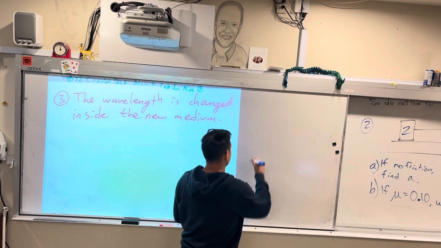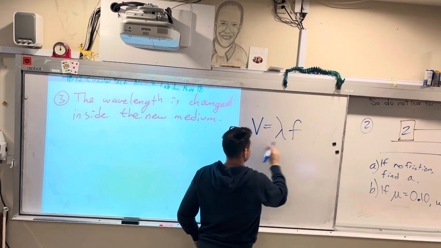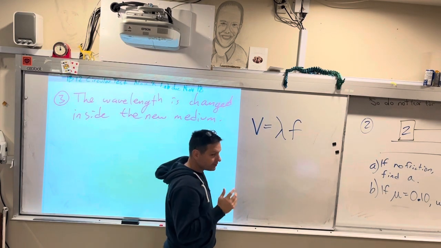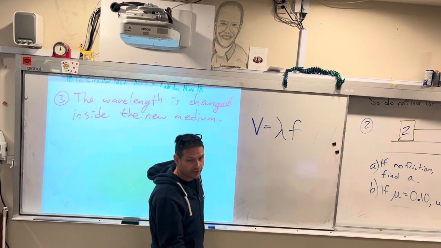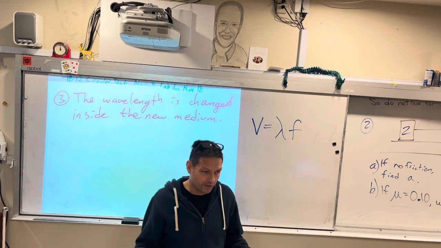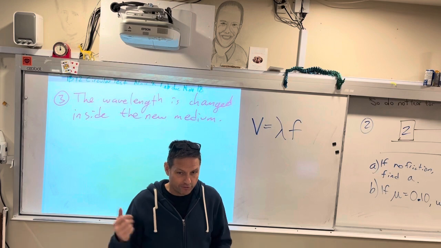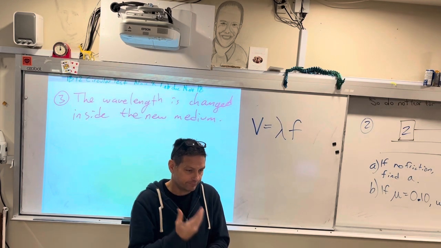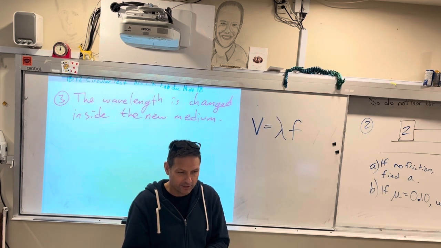Good. This is always true, right? The frequency has to remain constant coming into a boundary and going out of a boundary. You can't just create a crest out of nowhere, and crests don't just fall apart. So if you have so many going in, you have to have the same going out, but it's moving slower.